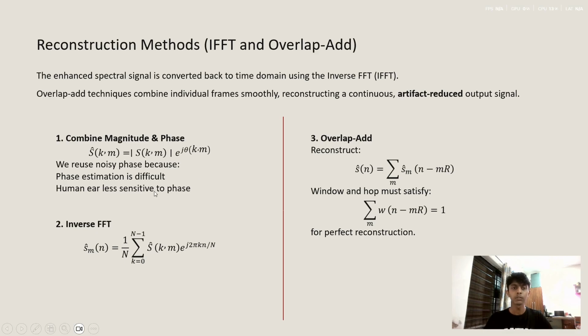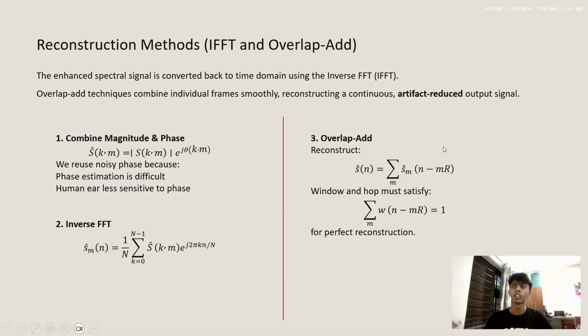So finding the inverse Fourier transform of this, we will get 1 by N summation over the frame length N of the signal e power j 2 pi kn by capital N. And reconstructing this would give us this equation S(n minus mR).